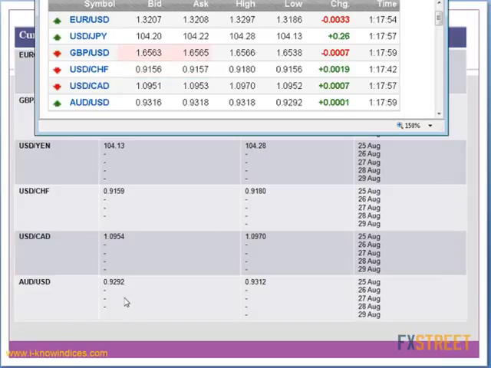In the case of Australian dollar, 92.92 is the low and 93.12 was the initial high. They went up to 93.18 and are holding the market above that of the initial high, 93.12 and 93.16. They are likely to hold for a brief time, for 2 hours, and later on they are expected to make the slide.